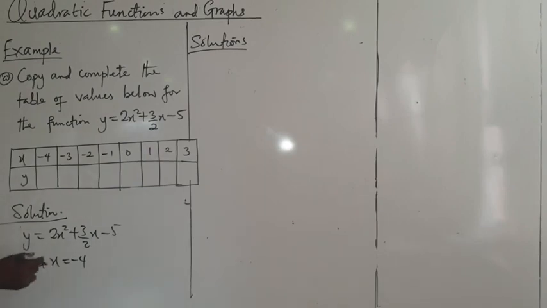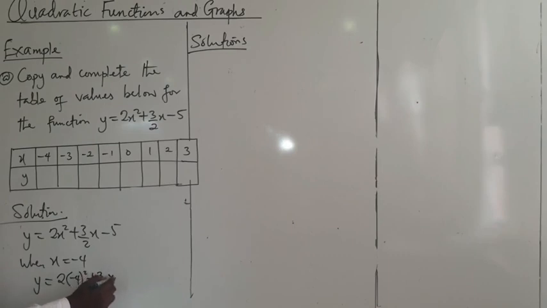We are going to put minus 4 to replace x in this equation. So y will be equal to 2 into bracket minus 4 squared plus 3 over 2 times minus 4 minus 5.